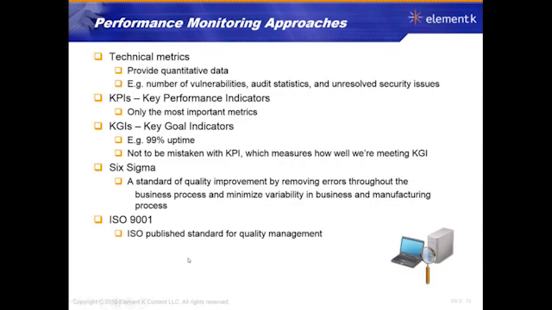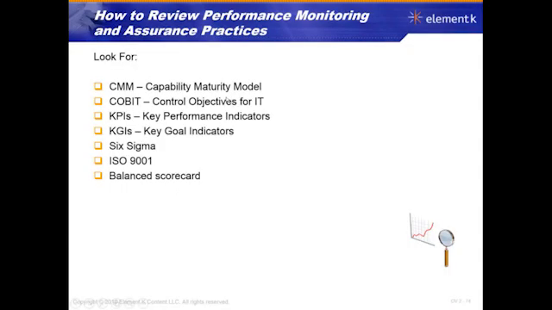ISO 9000 is a published standard for quality management also, and you can be ISO 9001 certified. So when you're reviewing performance monitoring and assurance practices, look for things like, okay, what is their capability maturity model? Do they have control objectives for IT implemented?